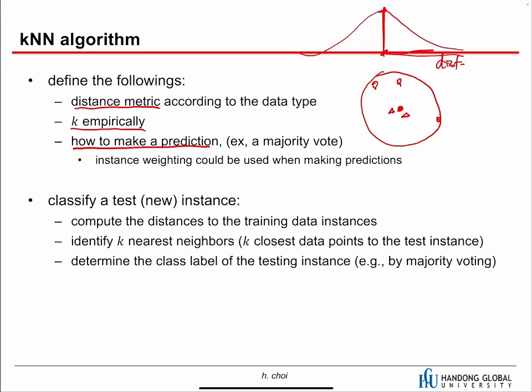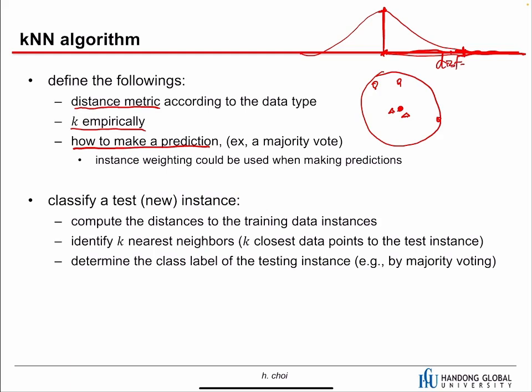And if the distance is far, then we put a small weight. If it's really, really far, I think we cannot have that kind of distance because we are talking about neighbors. Maybe we can have some samples around here, but this one will have a small weight.